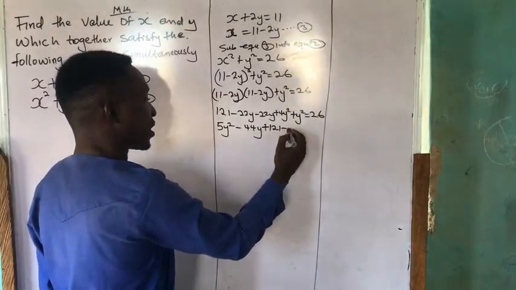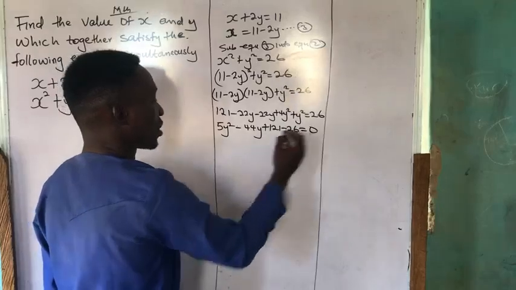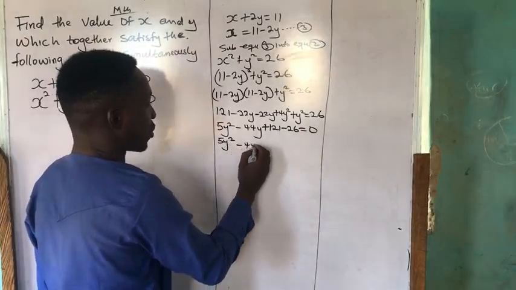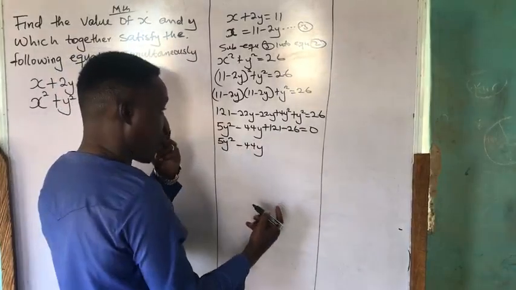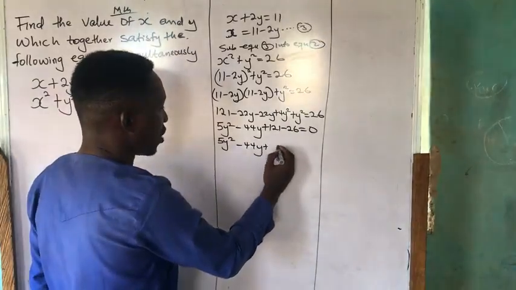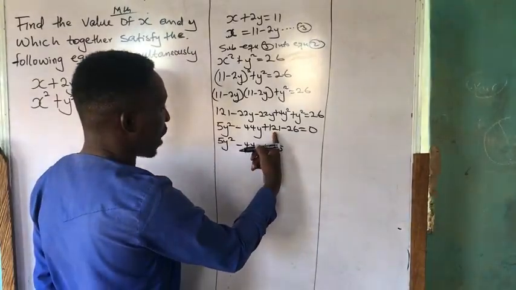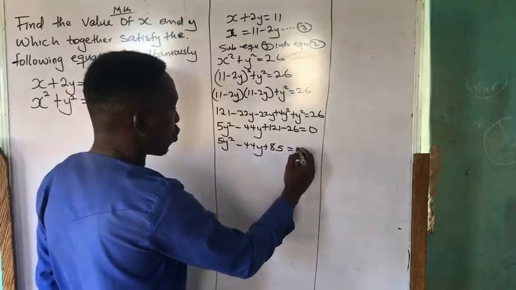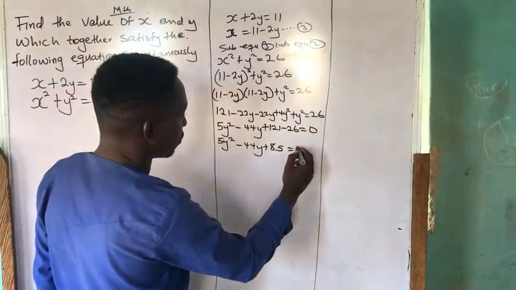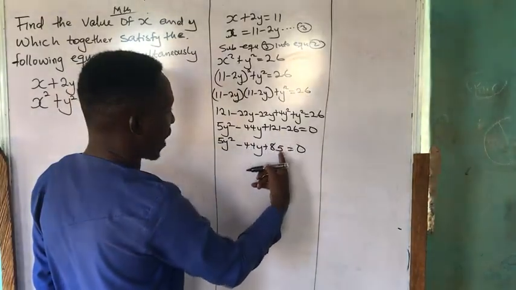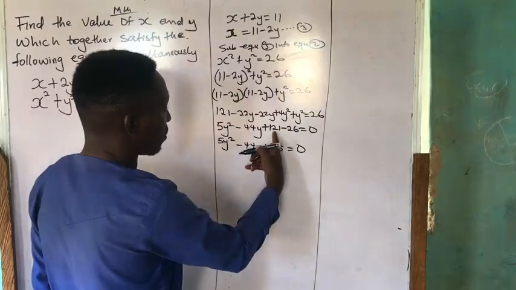If I bring 26 here, it becomes minus 26 equals 0. So 5y squared minus 44y plus 121 minus 26. 11 minus 6 gives me 5. This one is remainder 1.